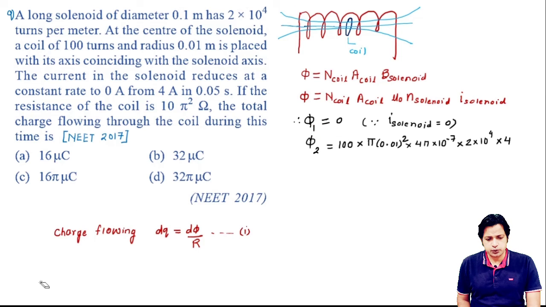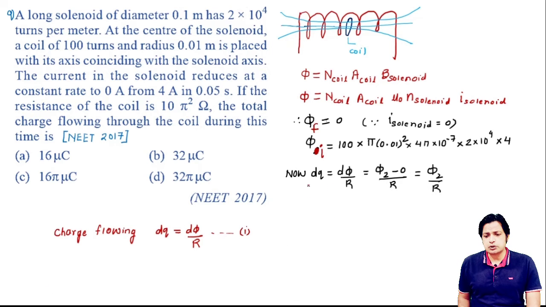Whatever I wrote is the final flux, because finally the current is 0, and this is nothing but the initial flux. If you know the final flux and initial flux, in the initial flux I have just substituted the value of current and the number of turns per unit length in the solenoid, everything. And I know that dq is equal to the change in the flux divided by R. I can write the mod of this, and the final flux is 0, this is initial.